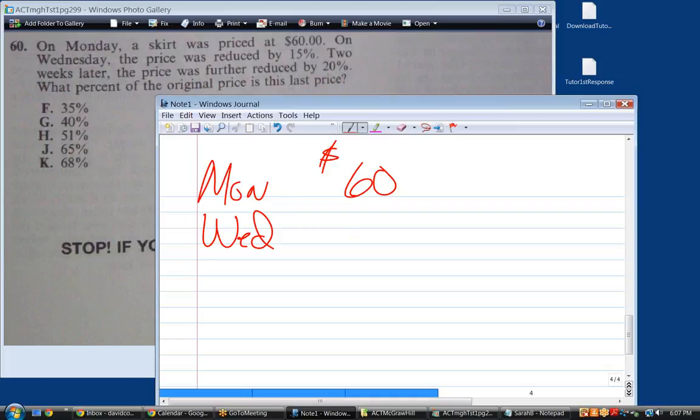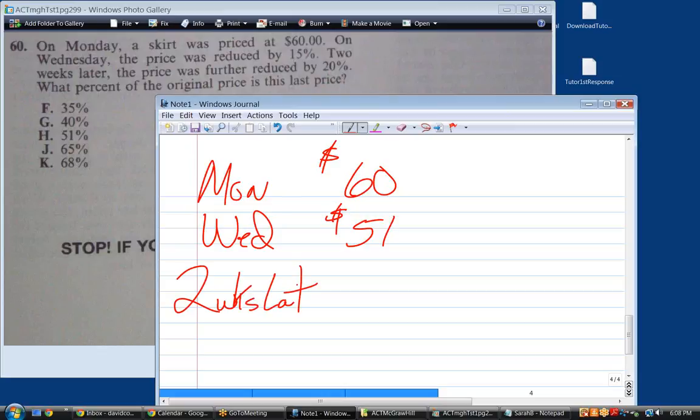Yeah. Well, you can take 15% of 60 and subtract that from 60. But the easier way would be to take 85% of 60, and that gives you the answer directly. Oh, okay. 51, right? Yeah. Okay.